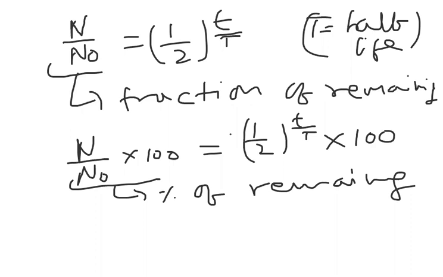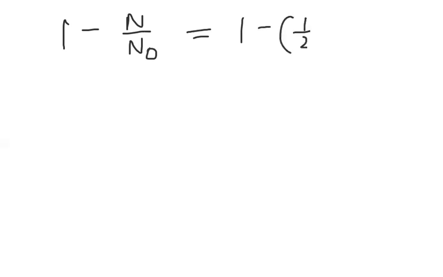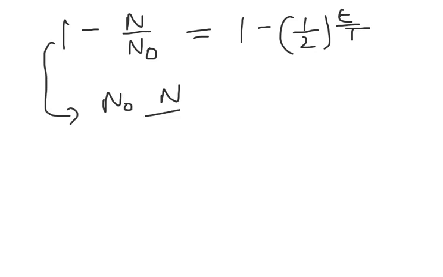But what is the fraction of decay? The fraction of nuclear decay is nothing but 1 minus N by N naught. We can also write it as 1 minus 1 by 2 whole power t by capital T, which is (N naught minus N) by N naught.